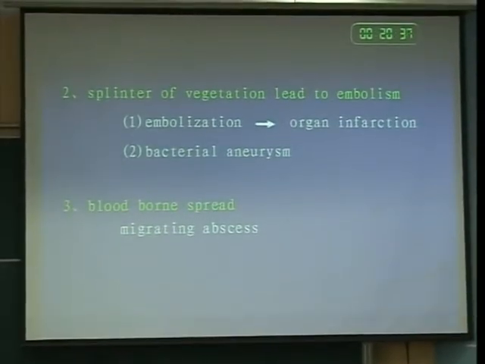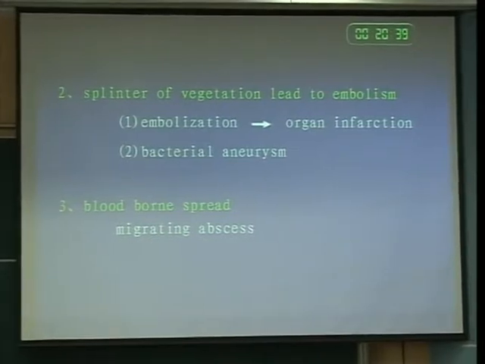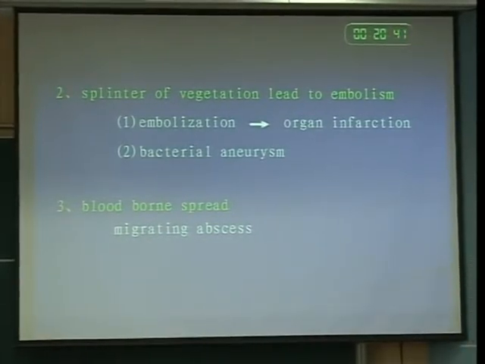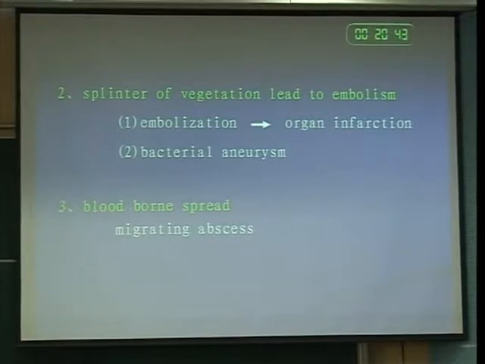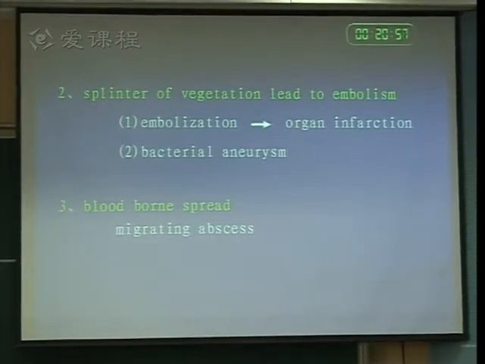The second is that fragments of the vegetation lead to embolism. If there is some organ embolization, it can cause organ infarction and necrosis. On the other hand, there may be a mycotic aneurysm.